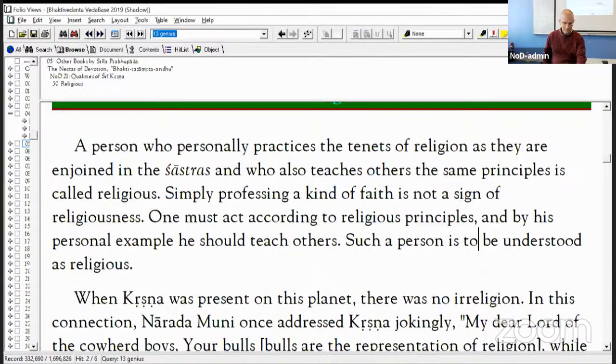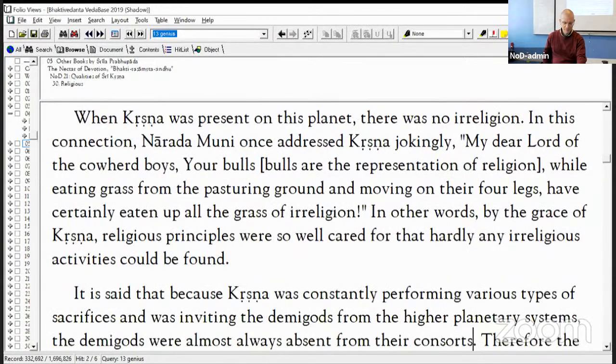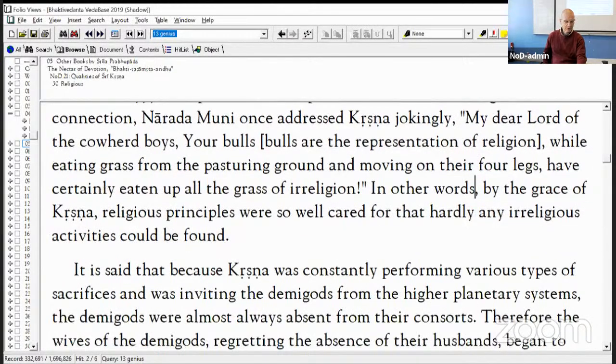And it's illustrated by a joke from Narada Muni. Okay, we have another joke here that Krishna says, Narada Muni, your bulls have eaten all the grass of irreligion. Hare Krishna. No irreligion left, because Krishna's bulls have eaten the irreligion.